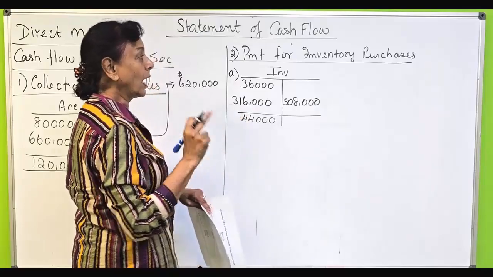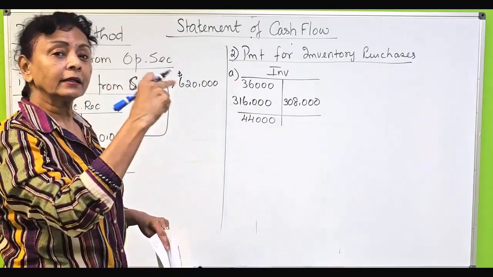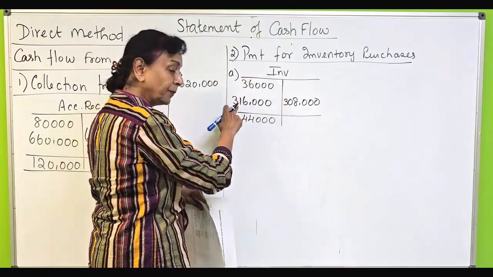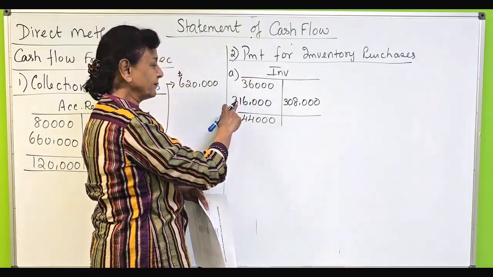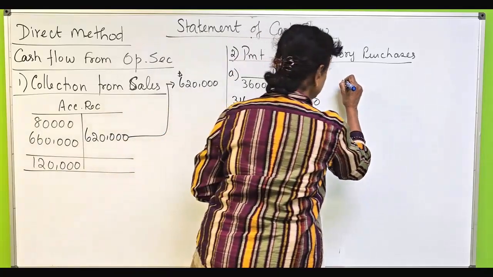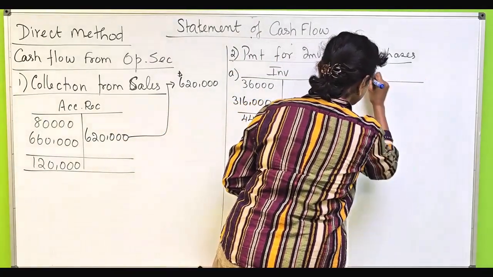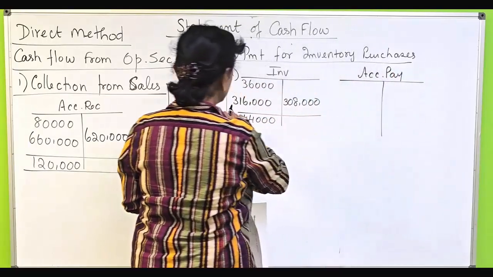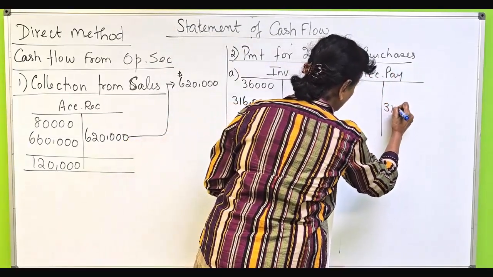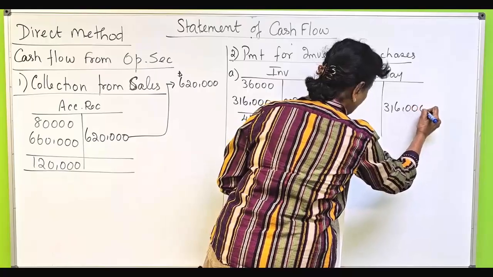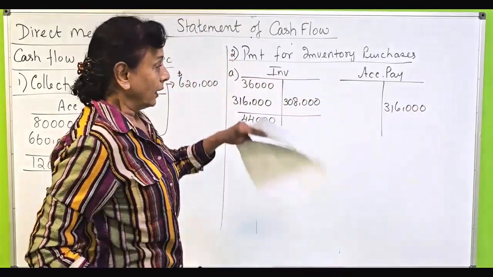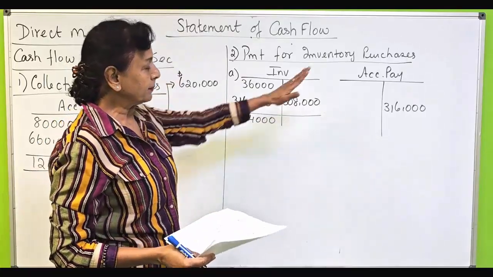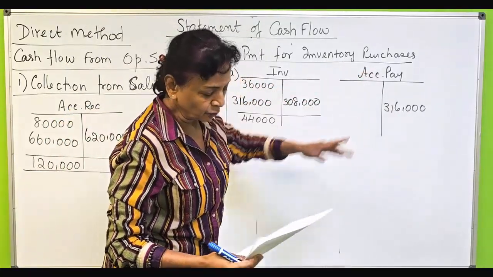Now, how much did they pay? For that you have to go to the accounts payable. When they purchased this inventory for $316,000, they would have credited $316,000 in accounts payable. Now we calculate how much they paid for the inventory purchases by analyzing this accounts payable.